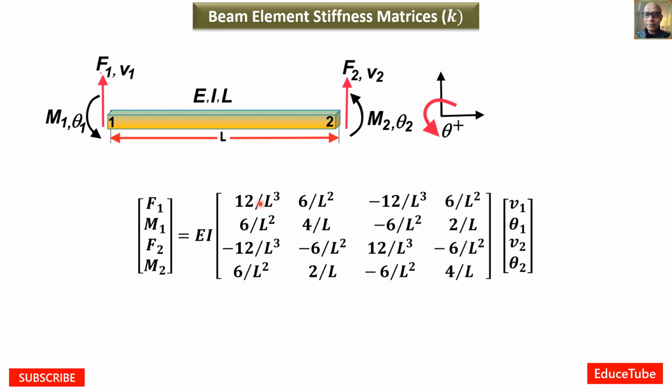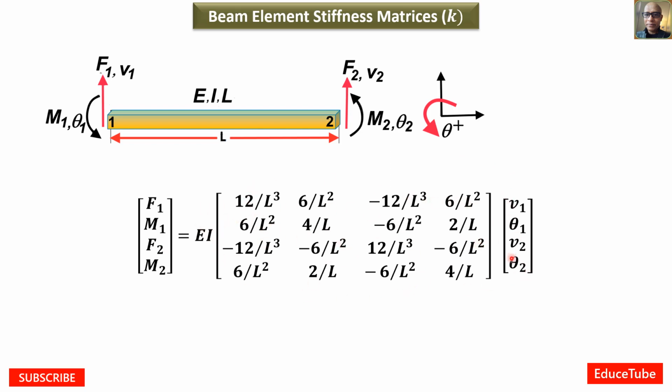So this is that matrix. Just the only thing is I put EI outside of this matrix. It was inside, so it is taken out. So this is the matrix, whole thing.